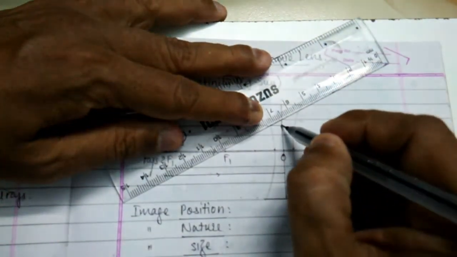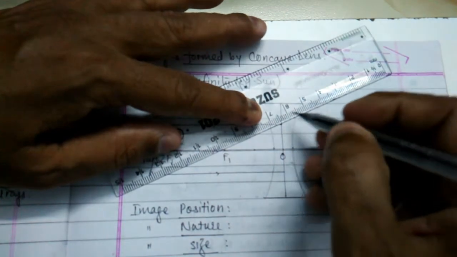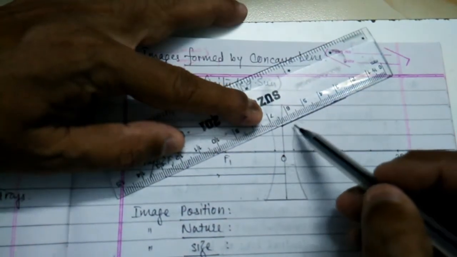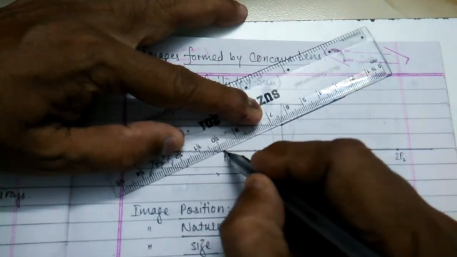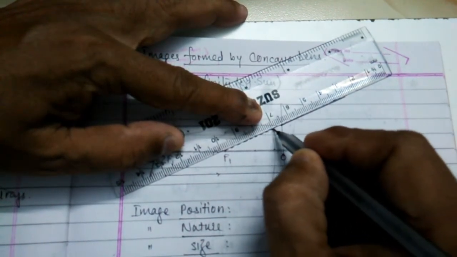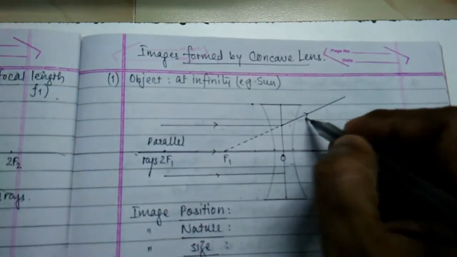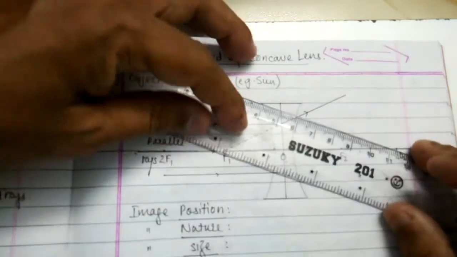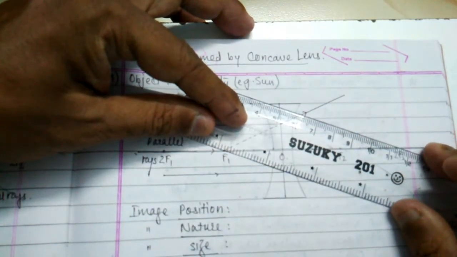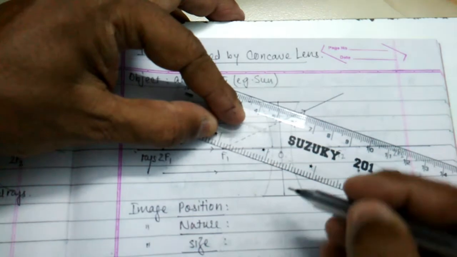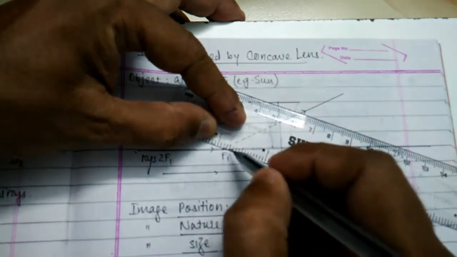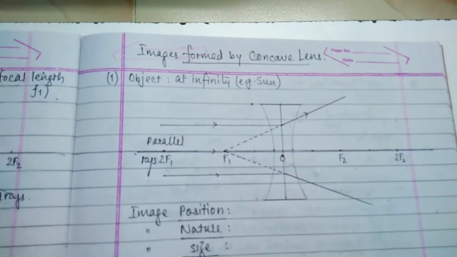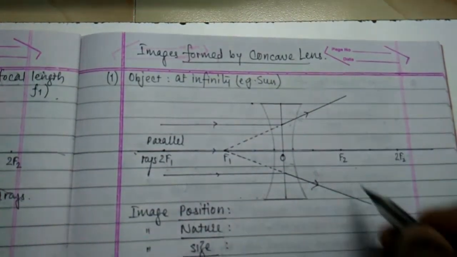And now the rays, after refraction, go this side, but they appear to be directed from F1. वो F1 से निकलते हुए लगते हैं, लेकिन ऐसे लगते हैं लेकिन निकलते नहीं है, हमको ऐसा लगता है. तो these rays are diverging rays.